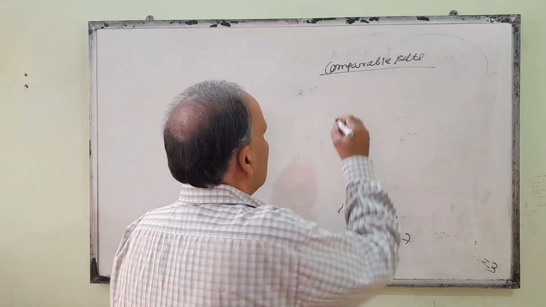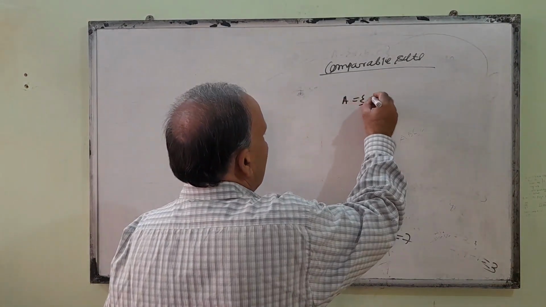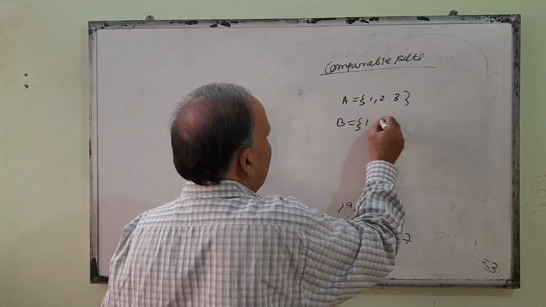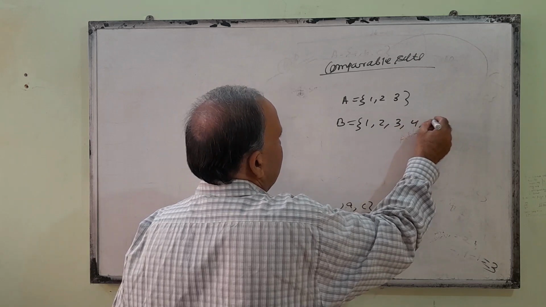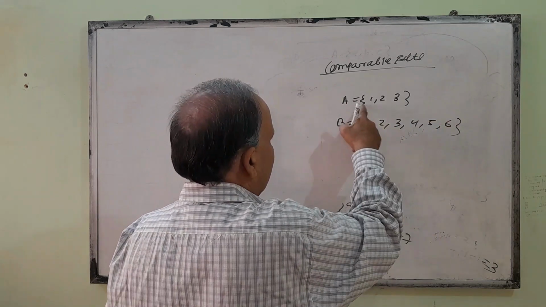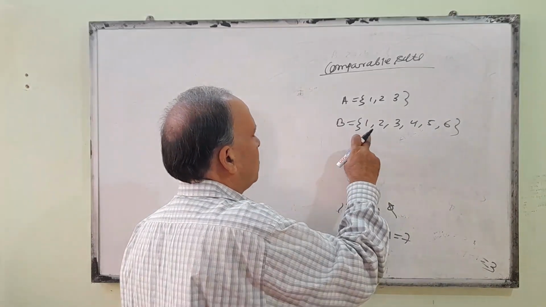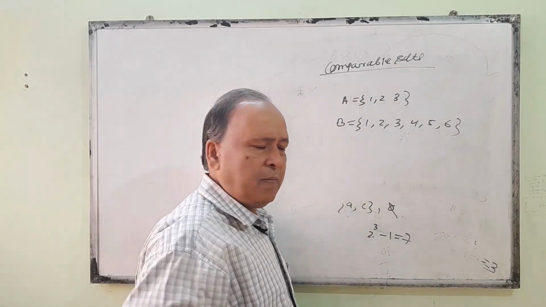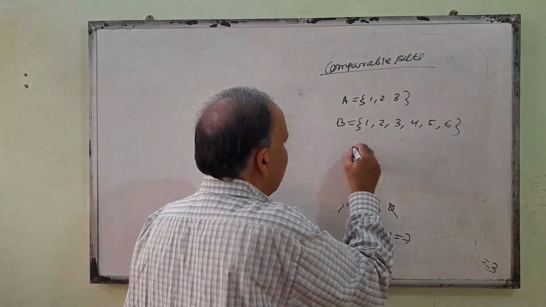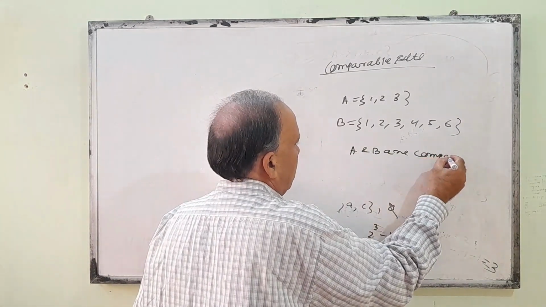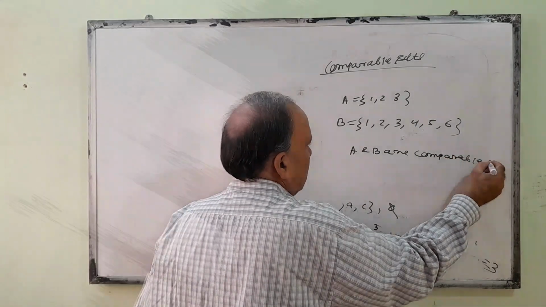For example, suppose A is equal to {1, 2, 3} and B is equal to {1, 2, 3, 4, 5, 6}. Here A is a subset of B. In this case, we can say A and B are comparable sets.